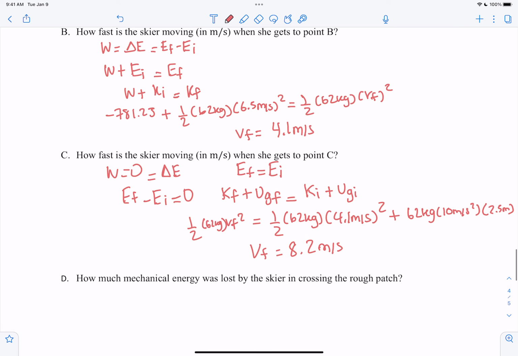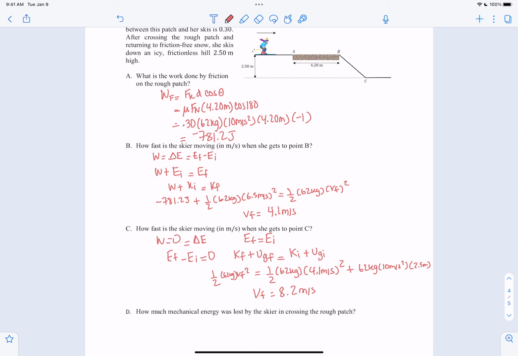Now, part D is kind of, either I messed something up for part A, or part A and part D are literally asking for the same thing. Because it kind of differs, though, with how you solve it. But part A and part D, I feel like they should be the same.